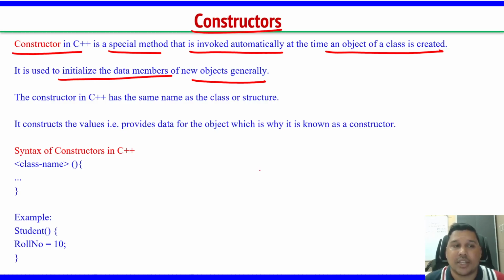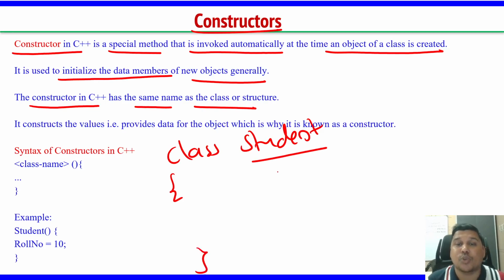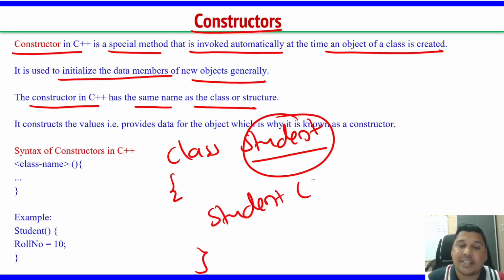Whenever I create an object, it has some data members that I want to initialize. The constructor in C++ has the same name as the class name. Suppose the class is class student, then the constructor name should also be student only, and as a function you write something inside the flower brackets.